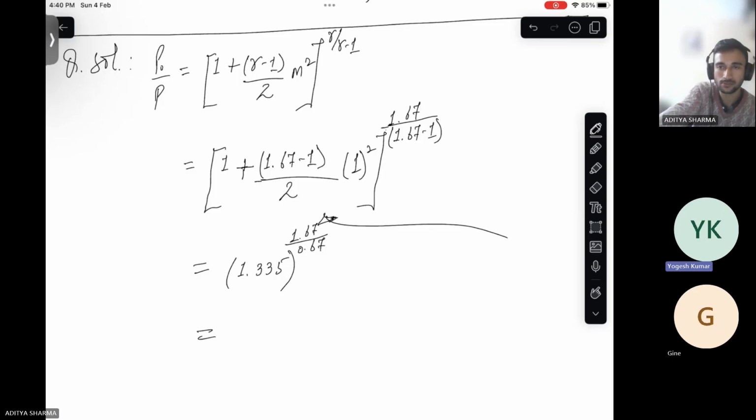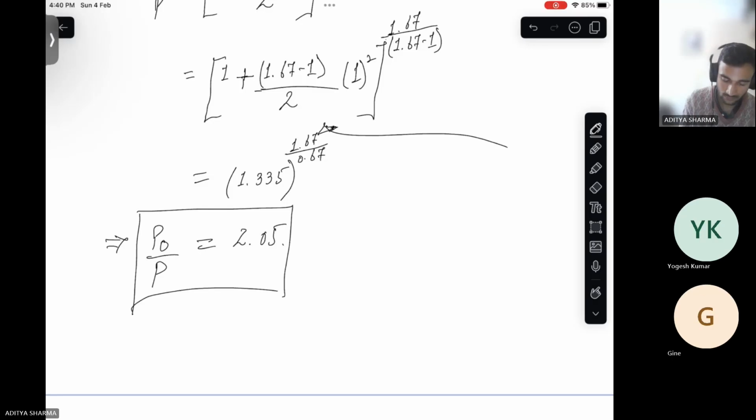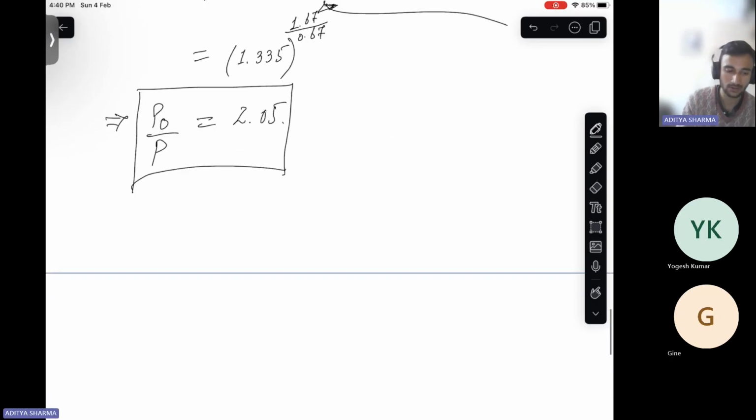The same answer comes, so it's 2.05. This implies P naught.